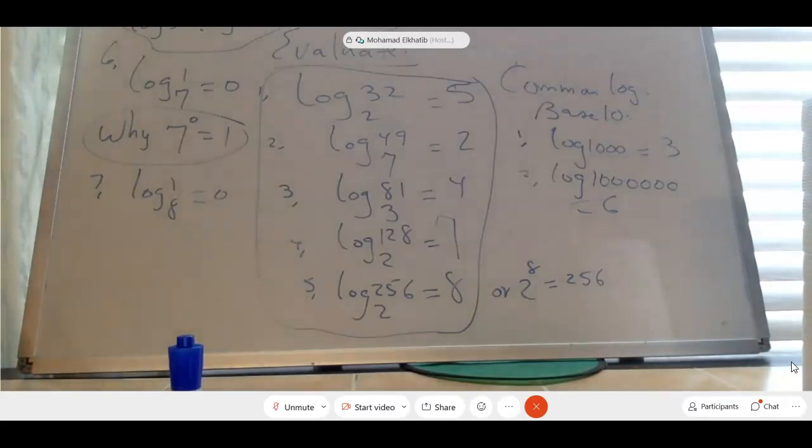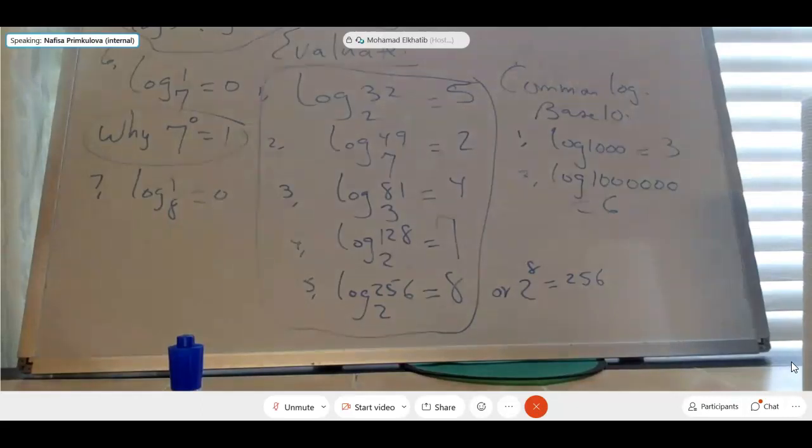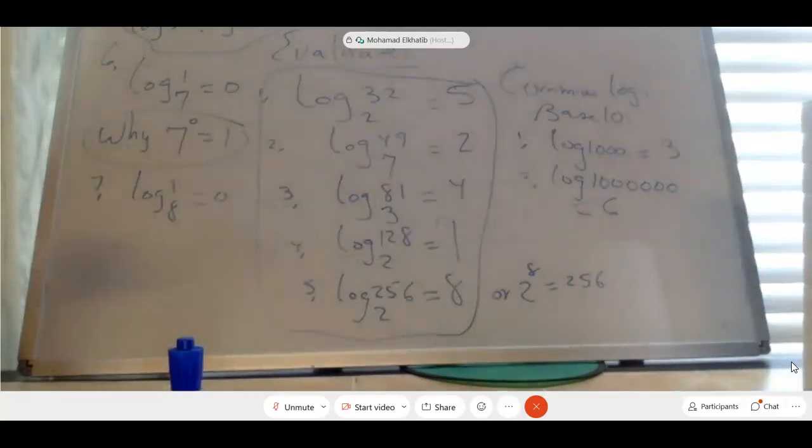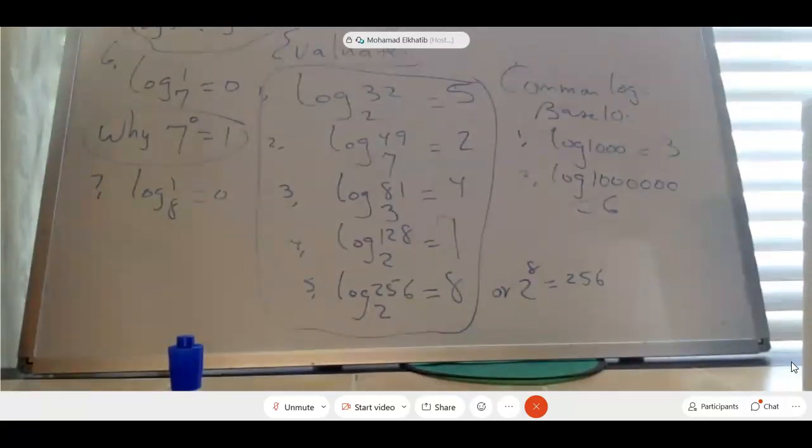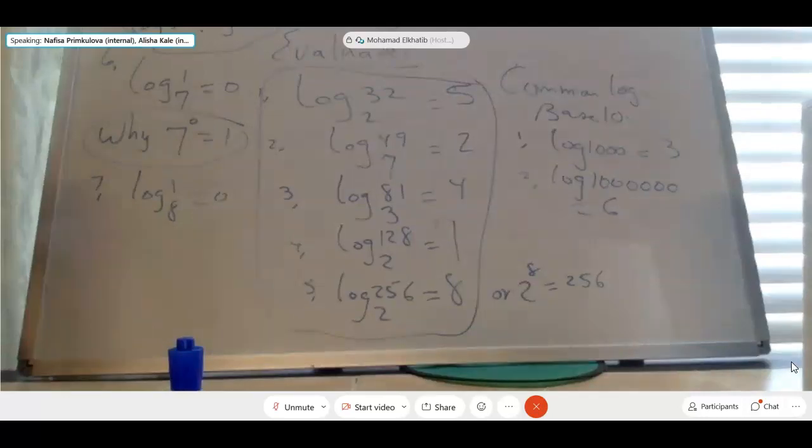Did you get 5? 32 divided by 2 is 16, I got 16. You're not understanding me well. I said log 32 divided by 2. Not 32 divided by 2. Do you mean 2 raised to 5 to get 32?